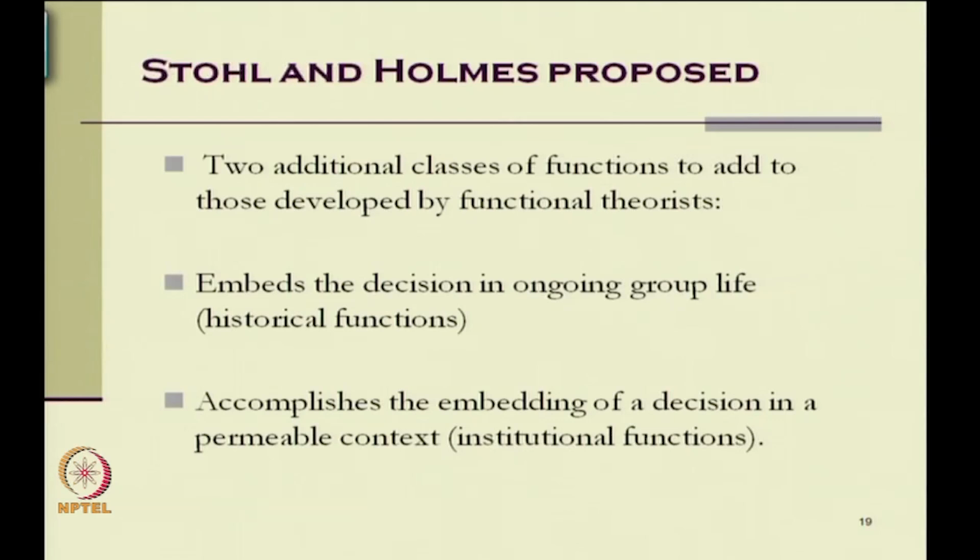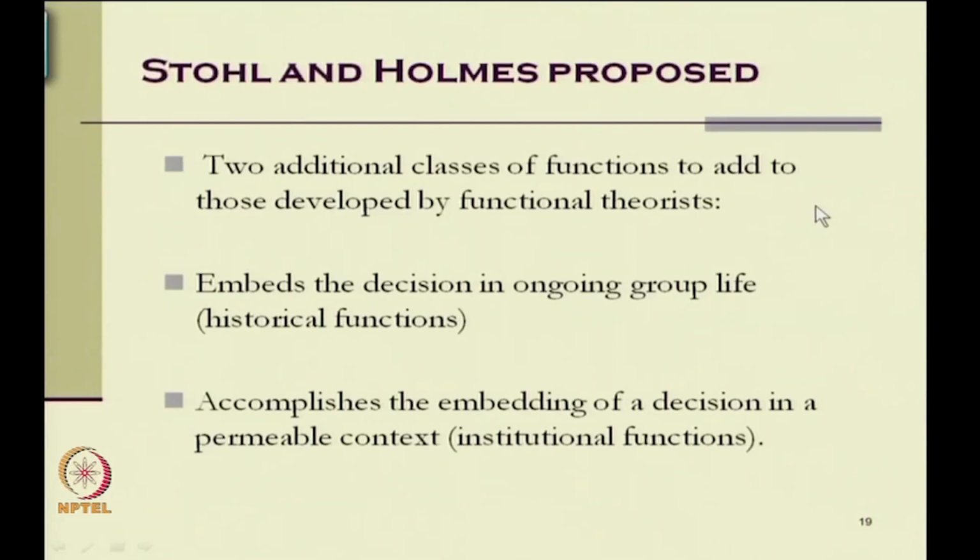Accordingly, it was proposed by Stoll and Holmes that two additional classes of functions be added to those developed by functional theorists. Because if you find that what somebody else has said is deficient, it stands to reason that you must suggest how it can be improved.